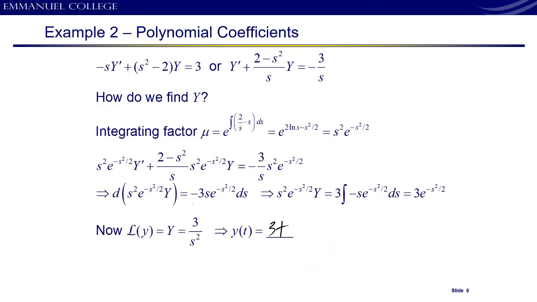So all that work just to get to 3t. But it worked, and the nice thing was it took our second order equation with polynomial coefficients down to a first order that we could use the integrating factor method and solve relatively easily. Again, just a lot of algebra to keep up with here.